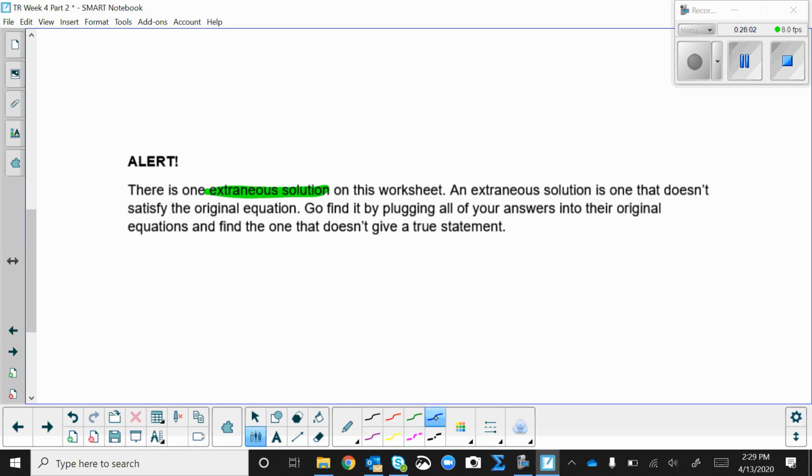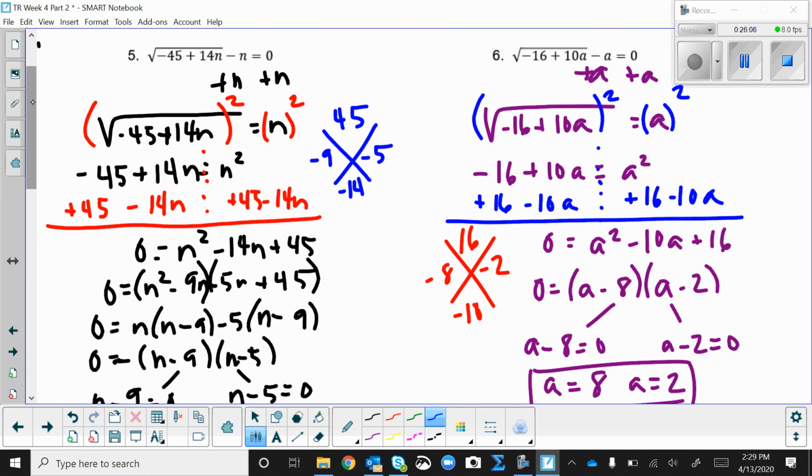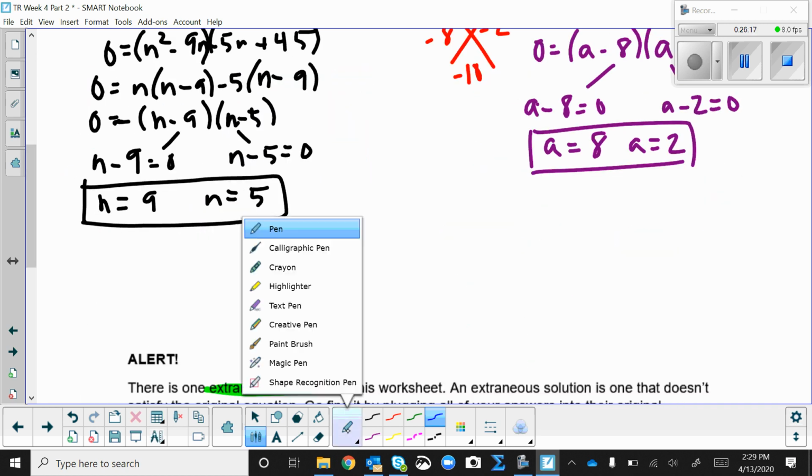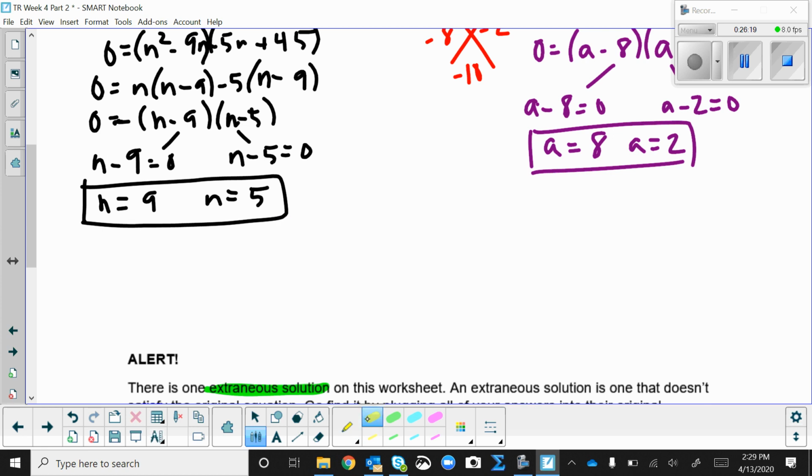If you were to go back up to the top of this page on number 5 and plug in, if you were trying to check your solutions, that means you take them, like one of our solutions was n equals 9.